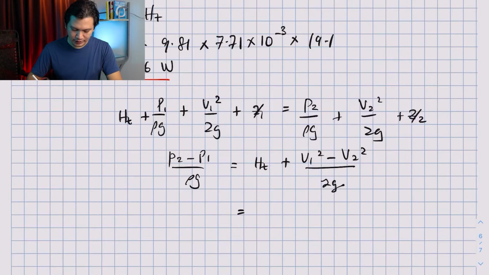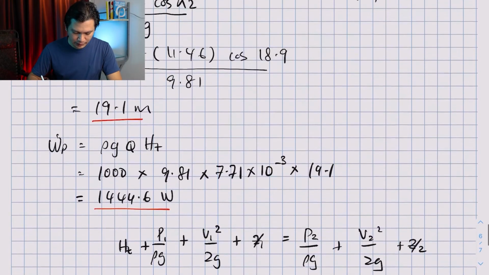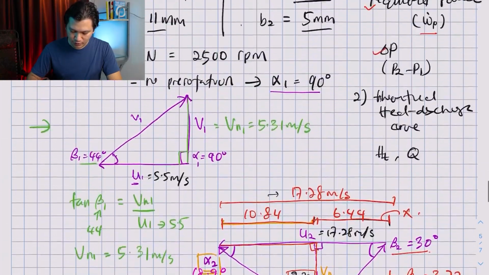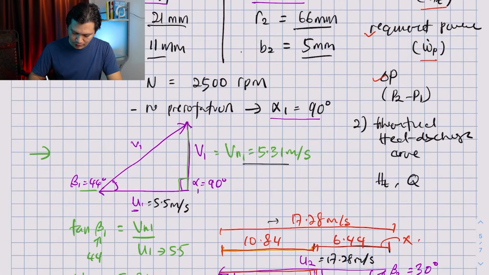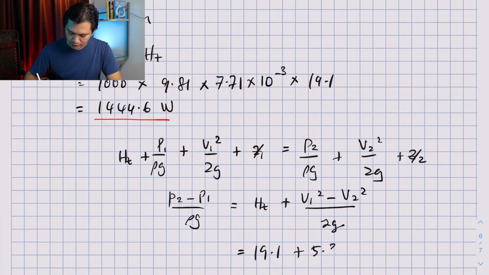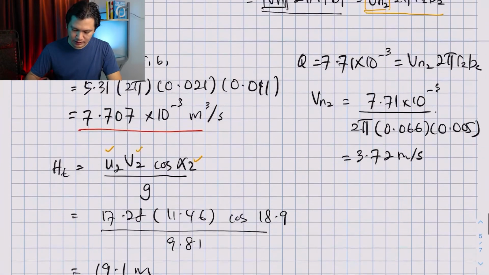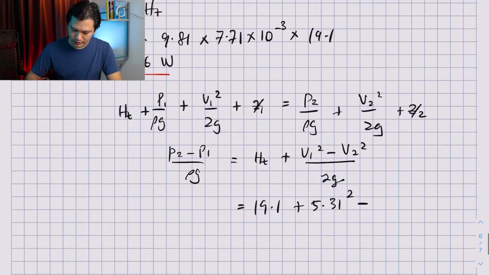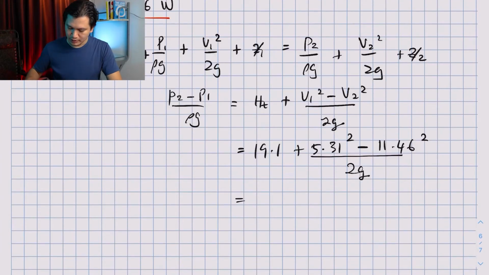And our HT is 19.1, if I'm not mistaken. That's right, 19.1 plus, what is our V1? Okay, our V1 is Vn1, which is 5.31. This is 5.31 squared minus, and our V2 is 11.46, 11.46 squared over 2g. Alright, and let's see.